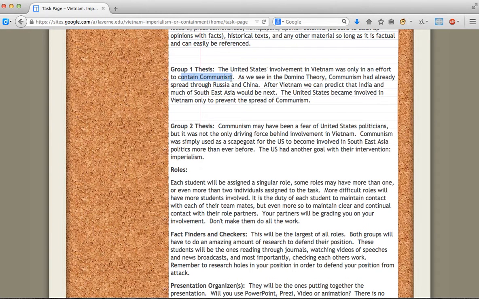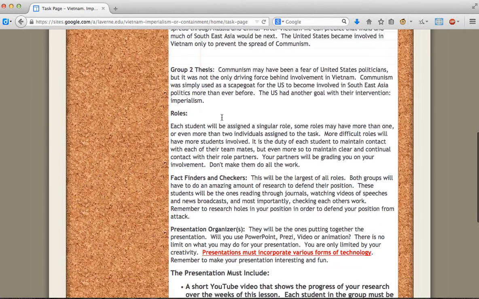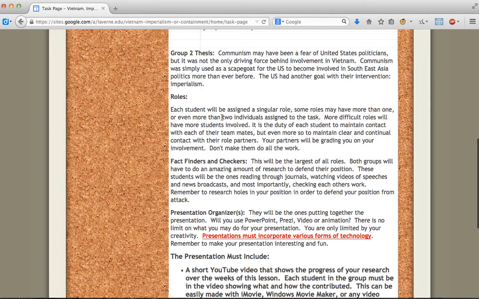That's the whole thing behind it, and in my observations, I've noticed that that's the overall belief that's pushed. Group two's position is that the U.S. got involved in Vietnam for colonial reasons, that they wanted to set up a new, more American style government in Vietnam, and they wanted to incorporate Vietnam a little more.